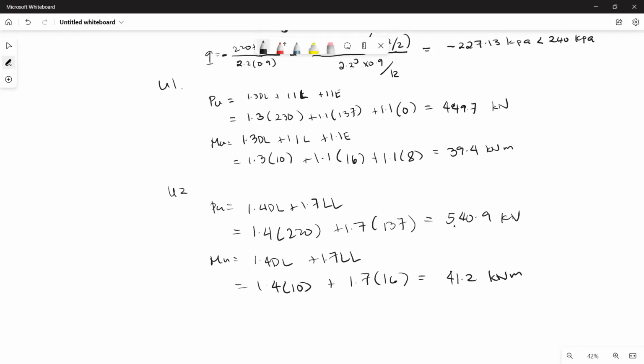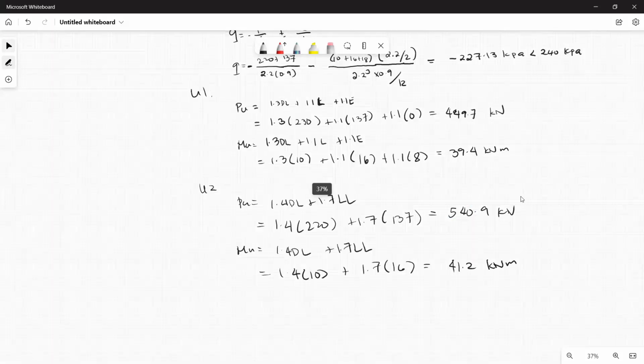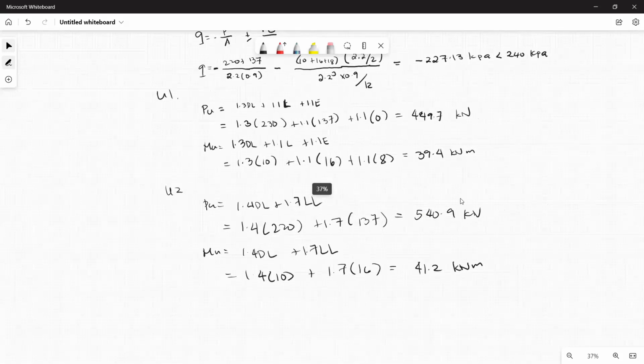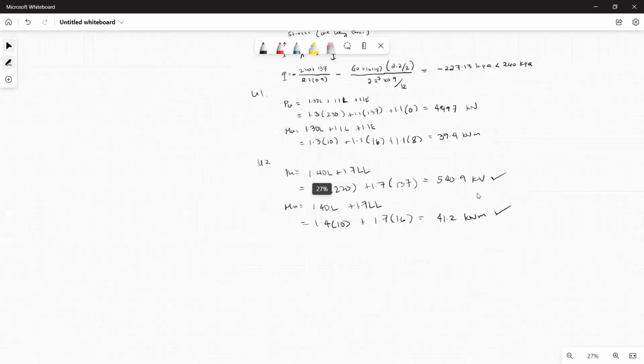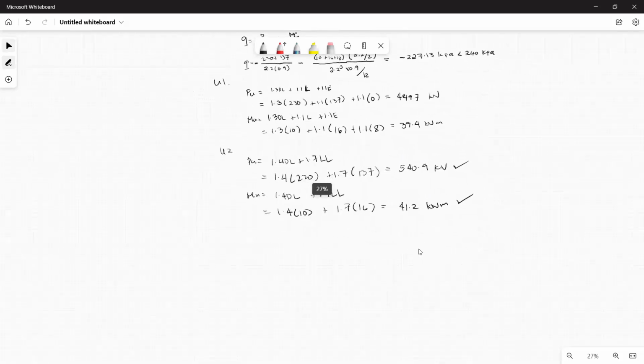kilonewton meter. Okay, so it is very obvious that your load combination 2 will govern because your PU is mas malaki doon and yung MU nyo is mas malaki rin dito. Okay, so therefore, your U2 will govern. Okay, very obvious na U2 will govern.